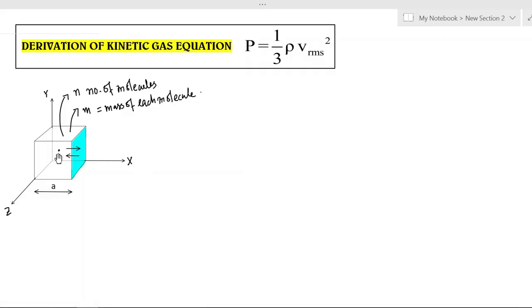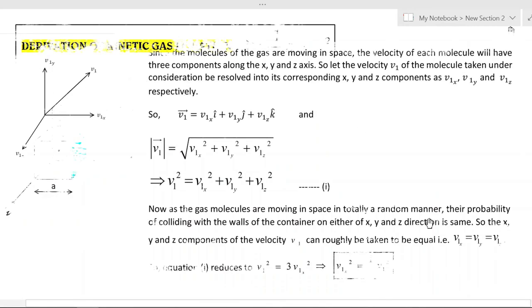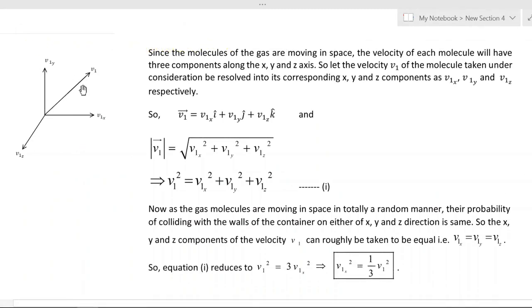If this molecule has a velocity v1, then this velocity is supposed to have its corresponding three rectangular components along the x, y and z directions, isn't it? I'm trying to show you this with the help of another diagram. Now have a look at this diagram. So this is all I wanted to show you.